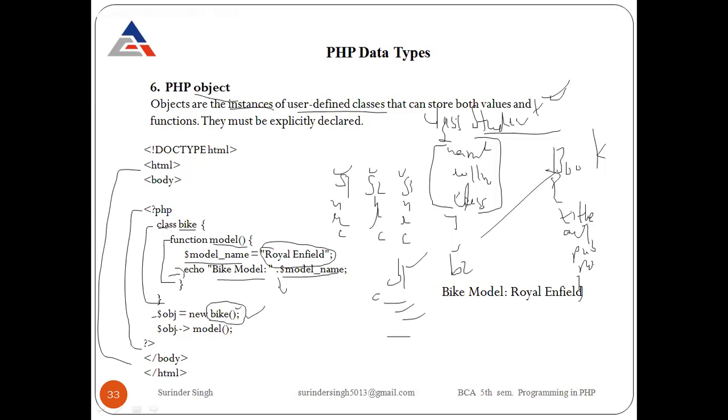Then here we are calling the model function: object name, then this is the pointer to member operator, then the function name. This will transfer the control to the function definition. Then it will print the echo statements.